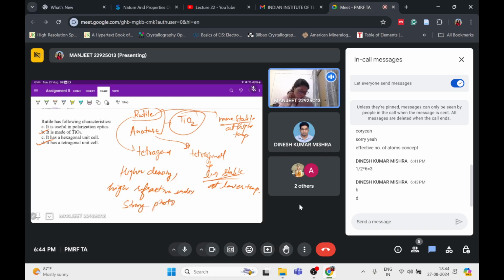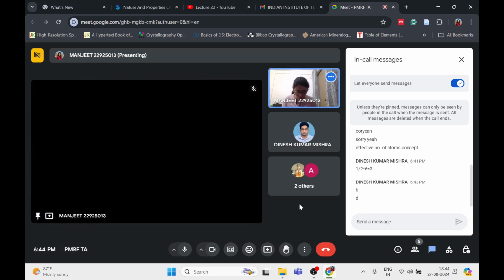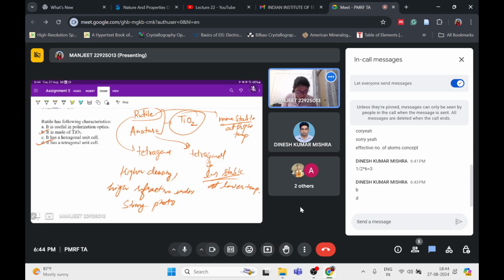And this rutile TiO2 is mostly used in the optics part. Just a second. Okay, so this is about photocatalytic activities.